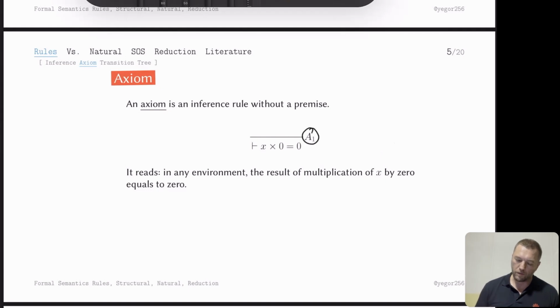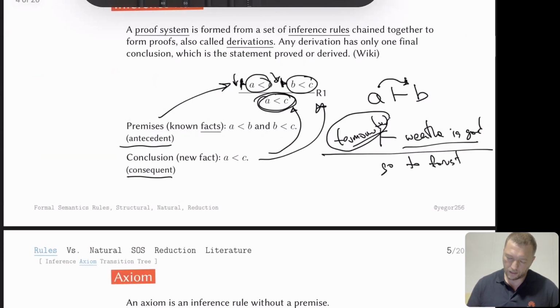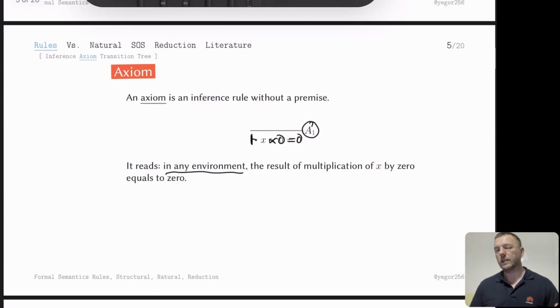And at the bottom we say, for example, x multiplied by 0. Of course, it's going to be 0 no matter what, in any situation. So it reads: in any environment, pay attention, any environment, based on nothing, the result of multiplication of x by 0 equals 0. And inference rules read like I told you before: based on this, we may conclude that.